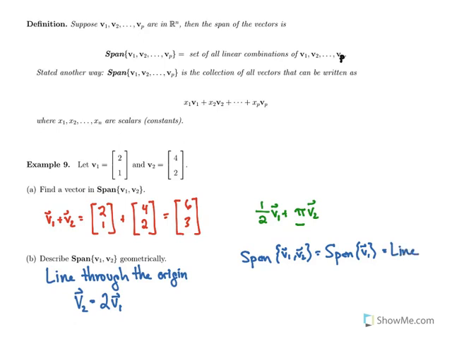All right, let's take this example of 1/2 v1 plus pi v2. I could write that as 1/2 v1 plus pi times 2 v1. And all of a sudden, this is now just a constant times v1.